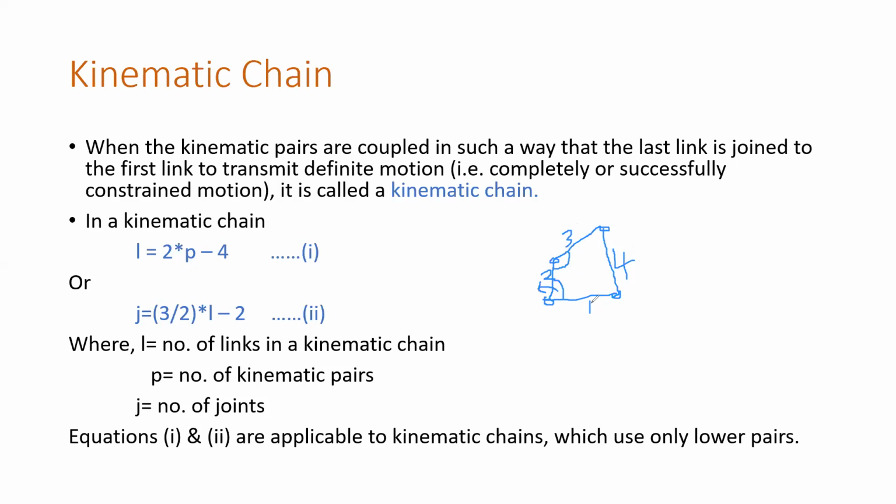And link 4 and link 1 are in contact with relative motion possible between them, so that is also a kinematic pair. In such a way there are four kinematic pairs, and these four kinematic pairs make one kinematic chain.